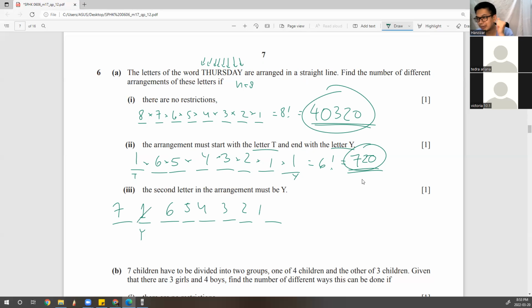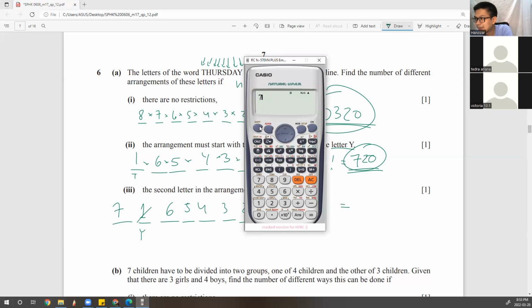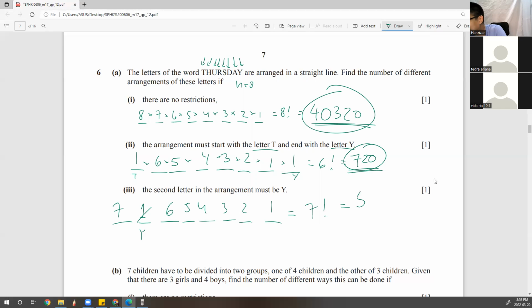You can ignore the 1 as well, because if you multiply by 1, you won't change anything, right? 7 factorial. Okay, 720 times 7, right? Or you just use the calculator. You just type 7 factorial on your calculator, done, bang, 5040.